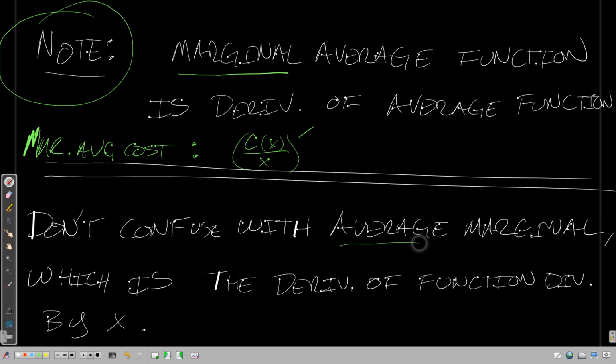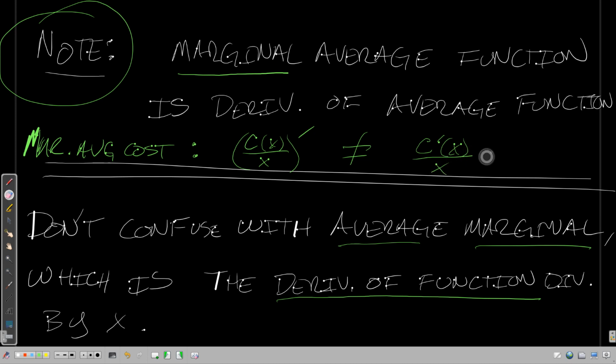Don't confuse this with something like the average marginal cost, which would first have us take the derivative of the function and then divide by x. So in other words, this is different from the derivative of the function divided by x.